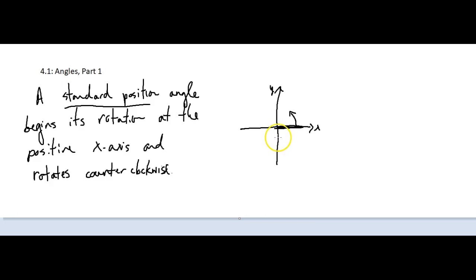Another important thing in this unit, just before I end this part of 4.1, is plotting points.